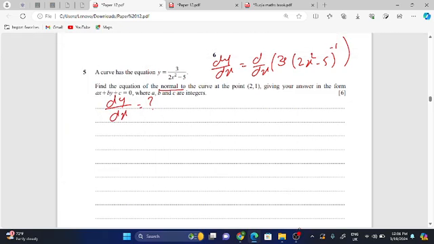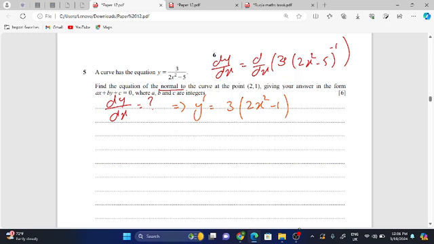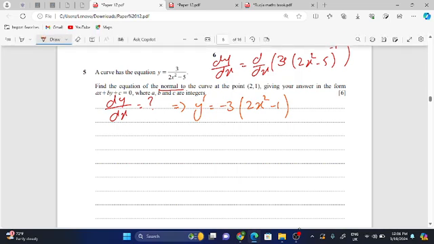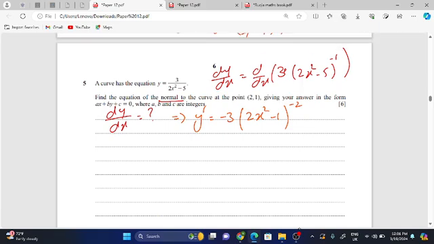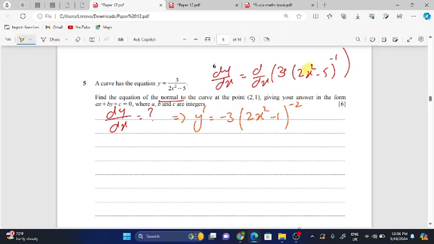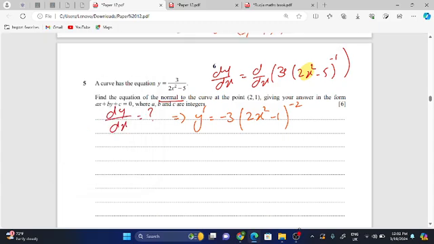That becomes y prime, or dy by dx, equals 3 times (2x squared minus 5), with the minus shifted to the front, and minus 1 becomes minus 2, times the internal function derivative. The internal function is 2x squared, so its derivative becomes 4x.